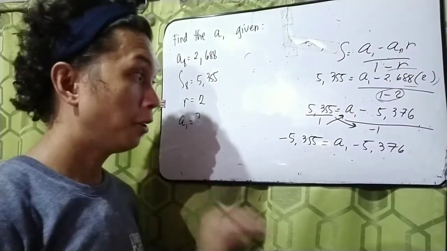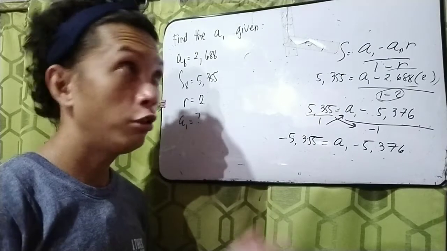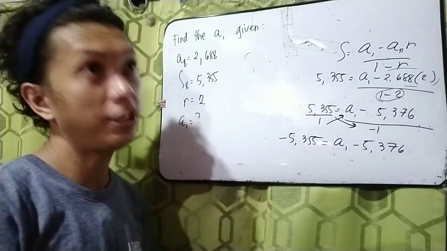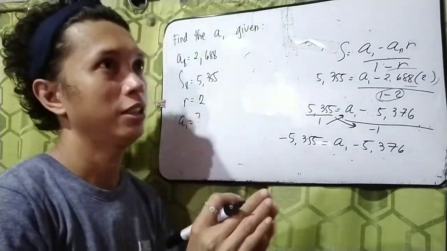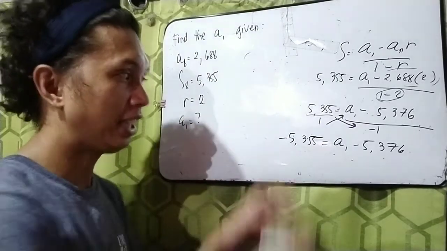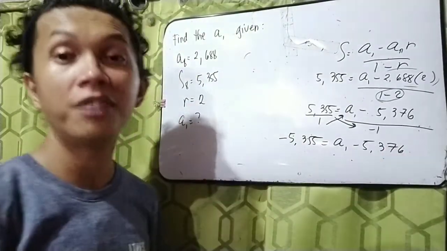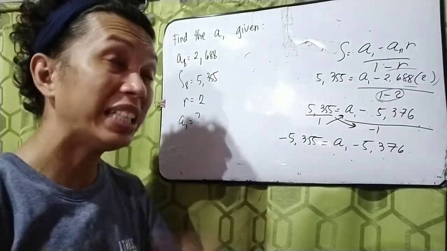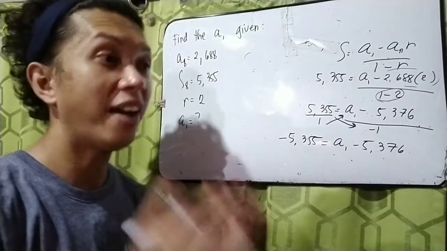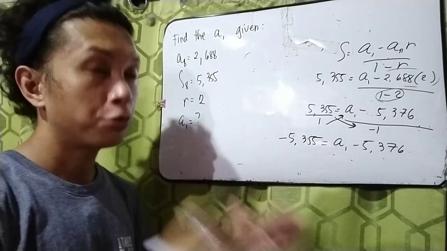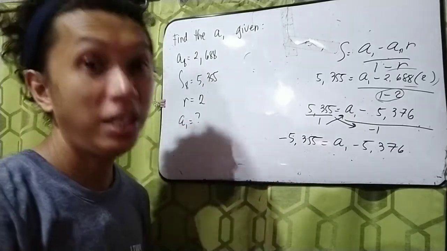When we look for the missing term, make sure that it will be alone on either side of the equal sign. If it is not alone, then we have to get rid of its companion.